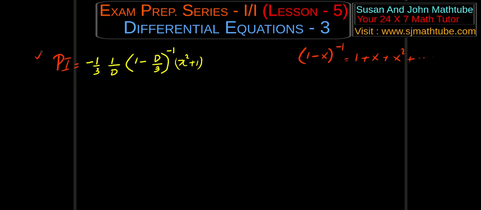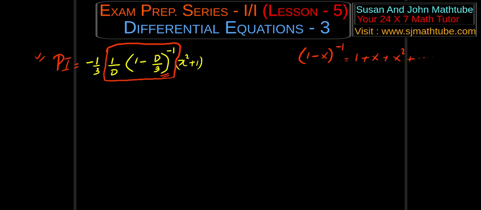Okay, so we got the PI as minus 1 by 3, 1 by d, 1 minus d by 3, the whole power minus 1, of x square plus 1. This is an operator, so we are not allowed to use the word into. It's not multiplication. Okay, now one very important thing, we have to simplify the operator first.